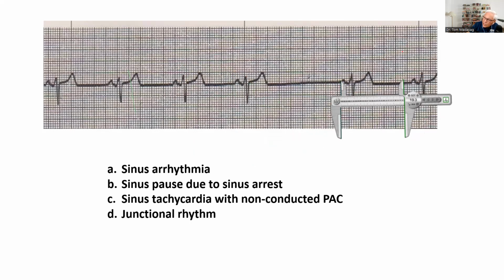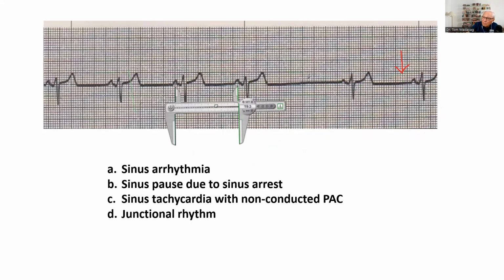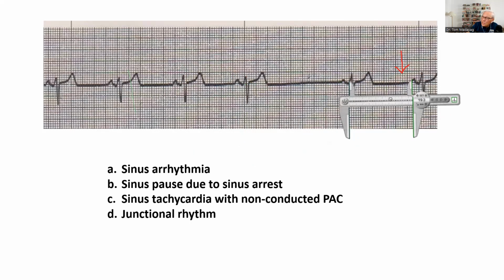However, in this particular instance, as you could see, there is a reset of the heart rate. The heart rate is no longer the same. This is the heart rate before the pause. This is the heart rate after the pause. So as you could see, there has been a reset, and therefore we know that this is a sinus arrest.